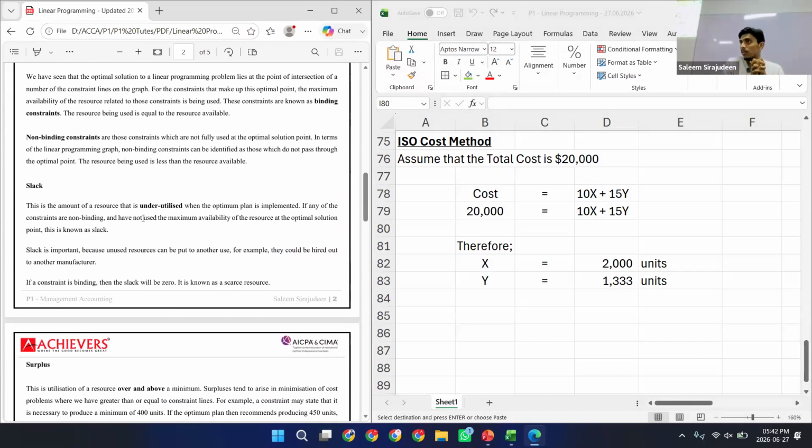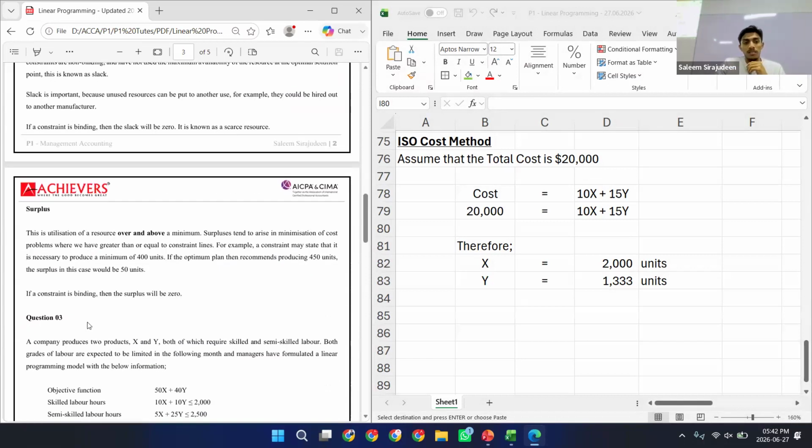What is the meaning of surplus? Surplus means you have a minimal demand of 400, the demand is only 400, but the constraint suggests you produce 450. So that 50 is surplus.